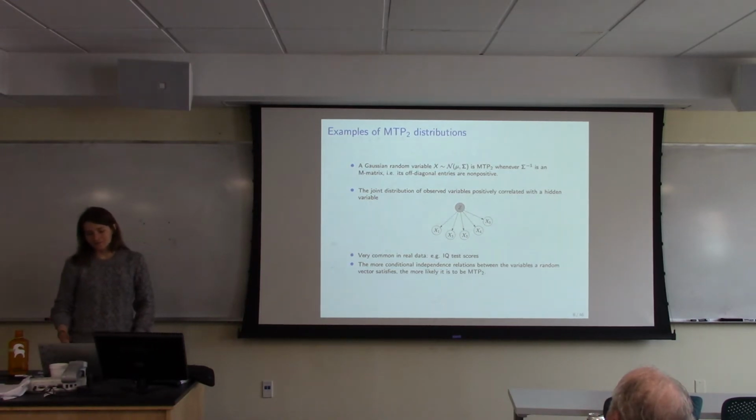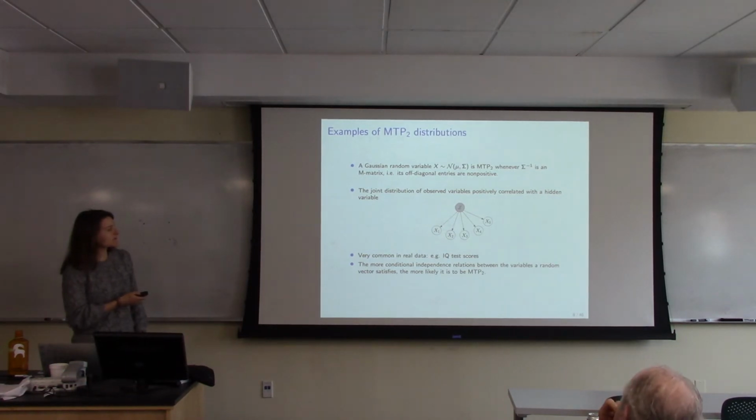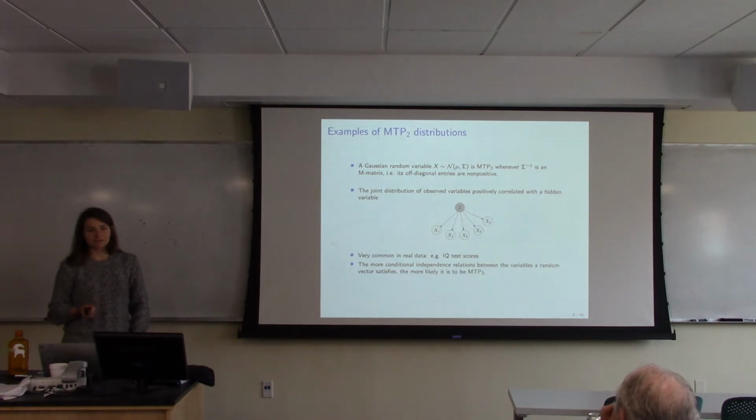Okay. And another example would be, so this is supposed to be a graphical model. Suppose you have a hidden variable, z, and some observed variables, x_1 through x_n, such that the x_i's are independent given z, and moreover, each x_i is positively correlated with z.